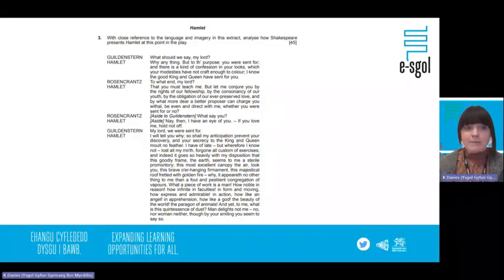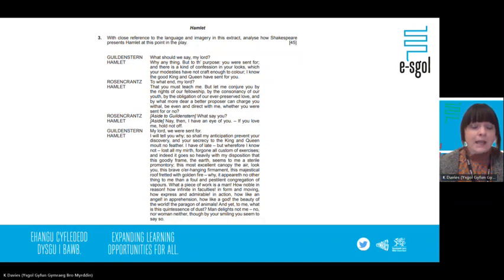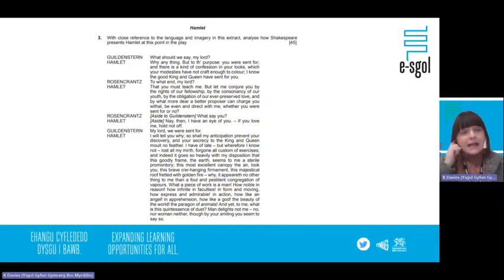All right, so be quite mindful of that. So this is asking you how Shakespeare presents Hamlet at this particular point in the play. And what we can see here is that Hamlet is trying to get some answers from the two apparent friends, but they're quite reluctant to give any detail, okay?